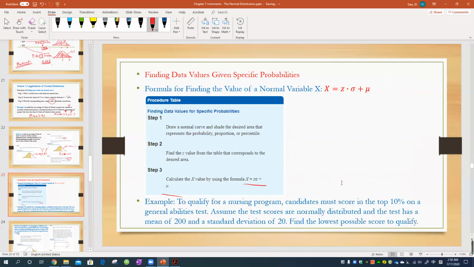To qualify for a nursing program, candidates must score in the top 10% on a general ability test. Assume the test scores are normally distributed and the test has a mean of 200 and a standard deviation of 20. Find the lowest possible score to qualify.